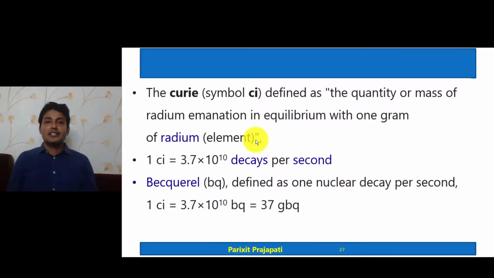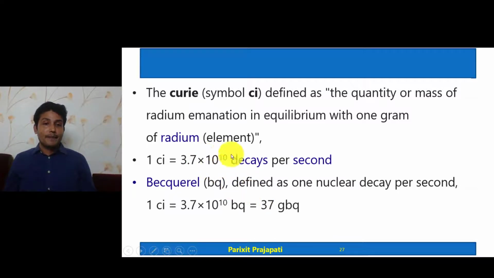The quantity radiated is 3.7 × 10^10 decays per second, also known as DPS. So 1 Ci is equal to 3.7 × 10^10. This 10^10 is also known as giga.